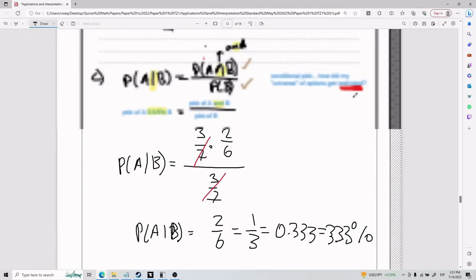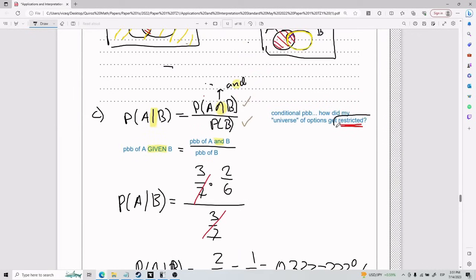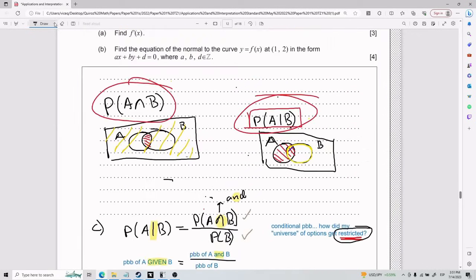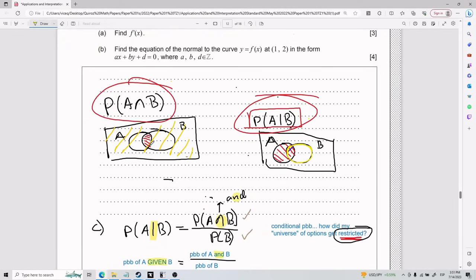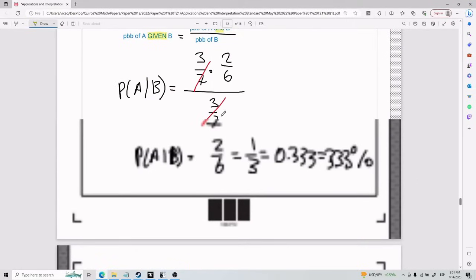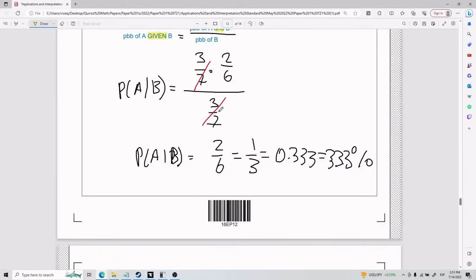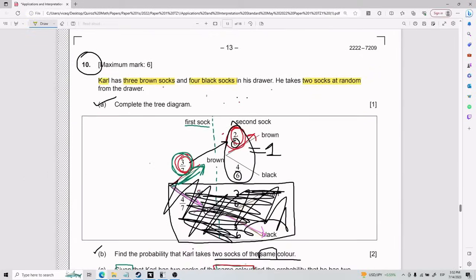The biggest thing you need to focus on is how it restricts your universe. I think what I drew in yellow is a good example. For the example on the left, your normal one, you're picking from all of this box. On the right, with conditional probability, you're picking only from this circle. It restricts where you pick from, and that's why the denominator, which is your total cases, is what gets played with. Ladies and gentlemen, that is for number 10.